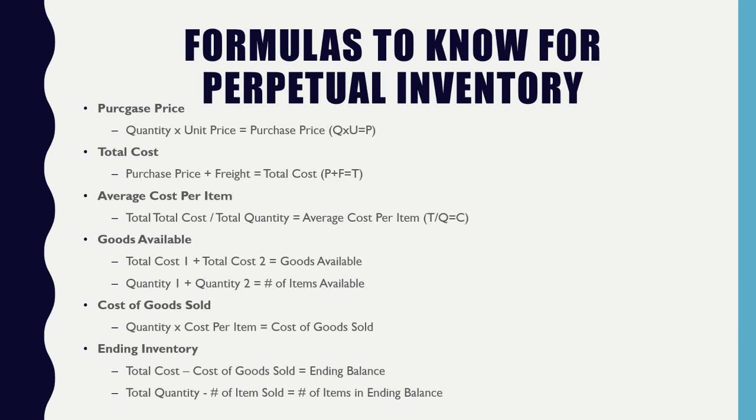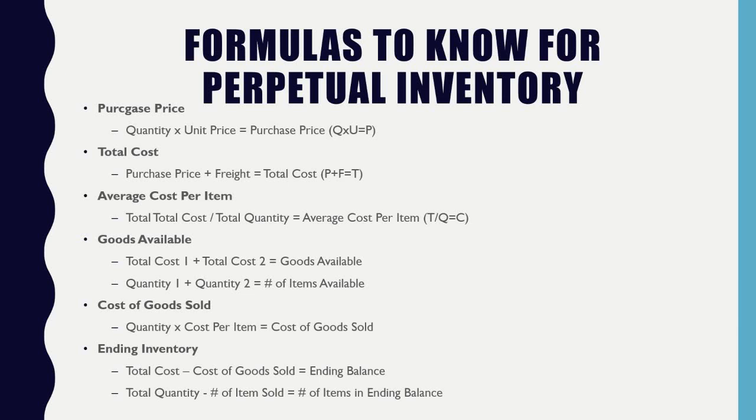So you're constantly rechecking and calculating the average cost per item, because it does significantly change every single time you sell a product. Every time you sell a product, you have a new total cost and a new quantity. Same thing when you purchase items: you have a new total cost and a new quantity.